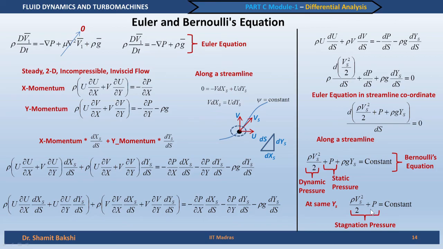This helps us explain a lot of things in fluid mechanics. The velocity and the pressure, these two heads, exchange values continuously between each other along a streamline. So, if the static pressure becomes high, then the dynamic pressure becomes low. If the flow velocity increases, the pressure should reduce.